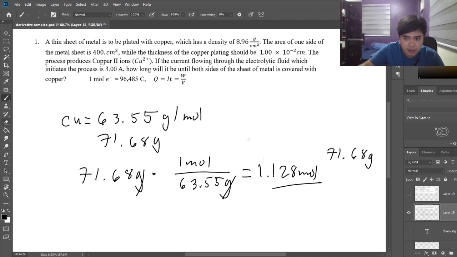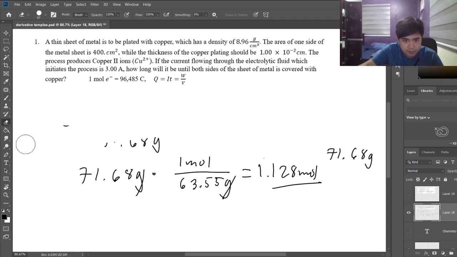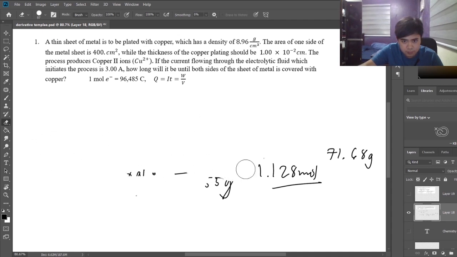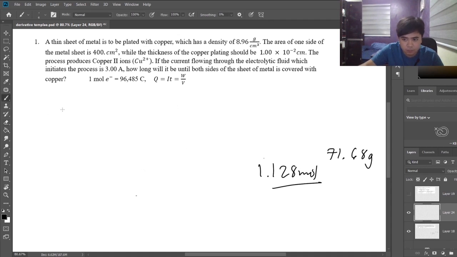Those are our important numbers. Don't forget them. So we have 1.128 mole of copper.